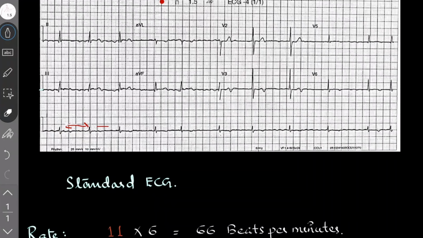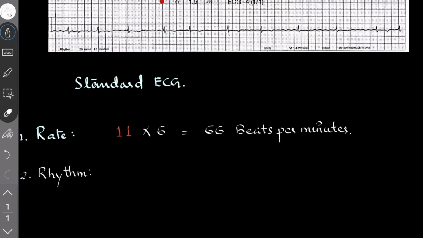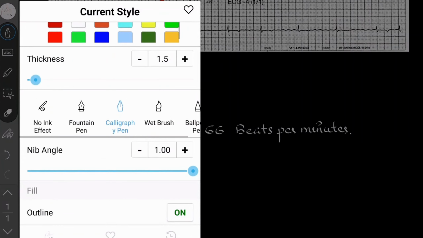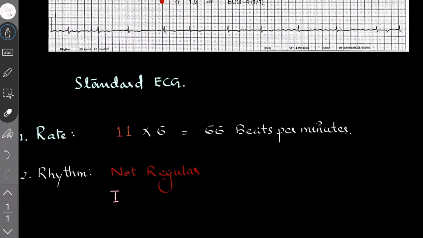See here, it's not at all regular, and you can see chaotic fibrillatory waves on the baseline. So the rhythm is irregular with fibrillatory waves.